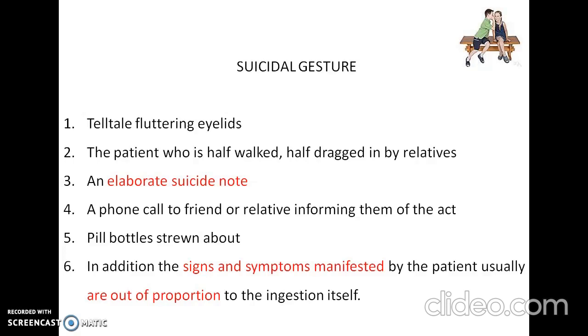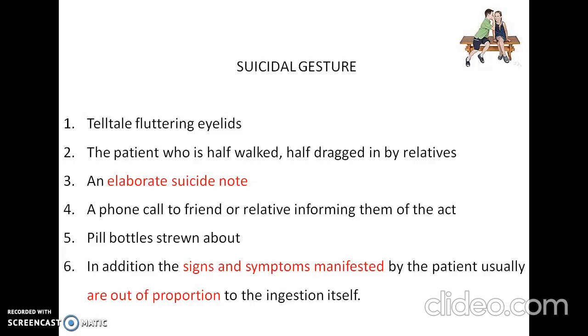He might have called a friend or relatives and explained the next step he is taking, because he doesn't want to end his life but wants to get people's attention. Sometimes pill bottles are left lying about, which gives a clear idea, because many people who want to end their life may not leave anything behind.